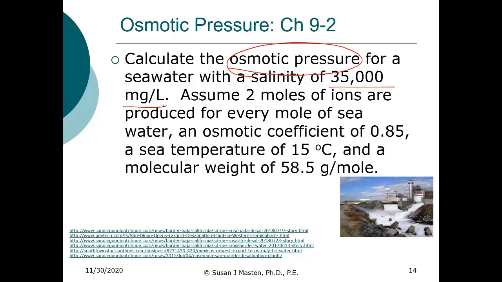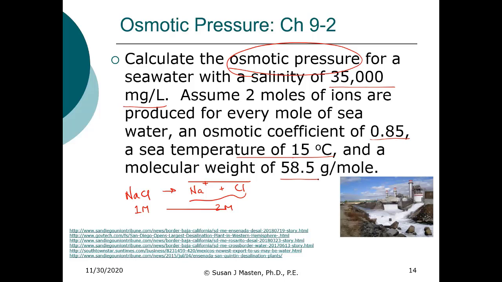We'll assume that for every mole of sodium chloride, we will produce sodium plus chloride. So for every 1 mole here, we produce a total of 2 moles of ions. The osmotic coefficient for sodium chloride is 0.85. We'll assume a temperature of 15 degrees C, and we'll use the molecular weight of sodium chloride.